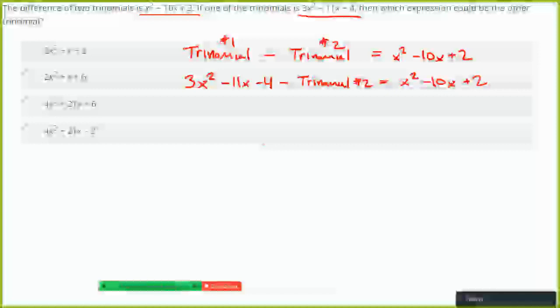I subtracted that, and then I got my answer because that seemed easier. Okay, I think you did what I'm setting up, but maybe I'm just writing more. You subtracted which one from which one? The 3x squared minus 11x minus 4. I subtracted it from the x squared minus 10x.